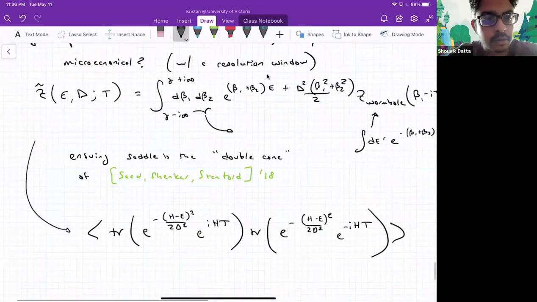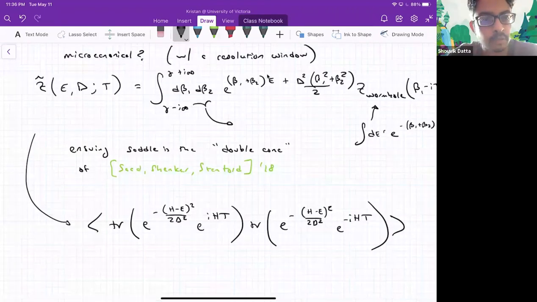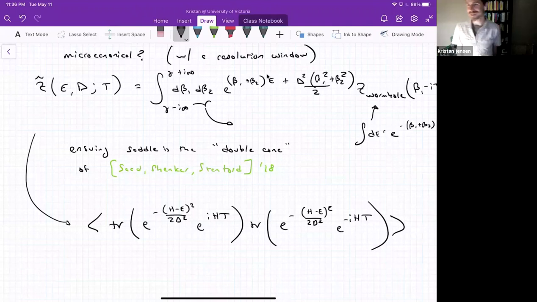Right. So can you read off some information about the eigen energy statistics, like whether they repel each other or anything? Yeah. Right. That's where we started, right?